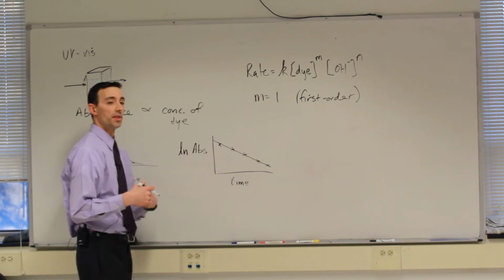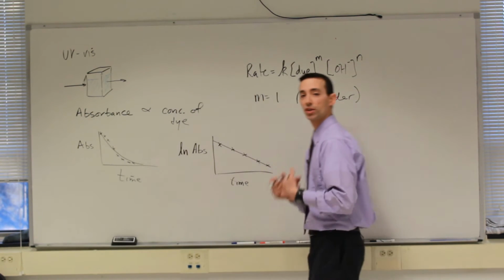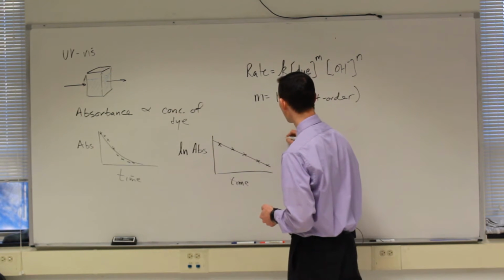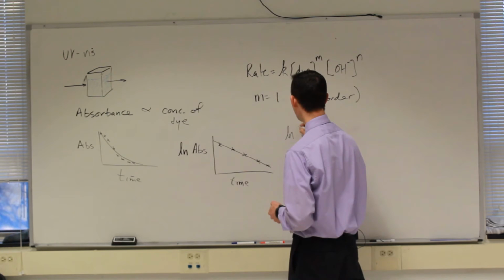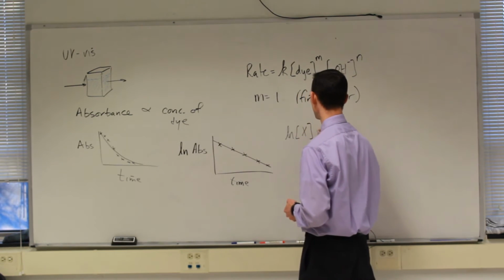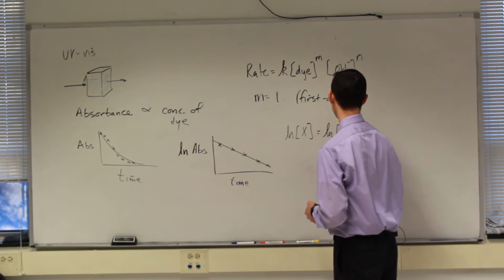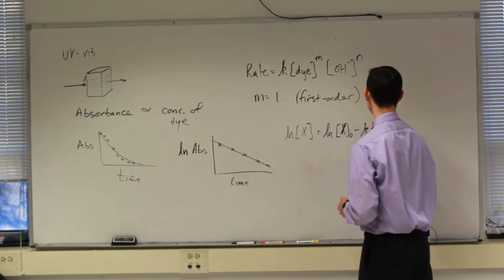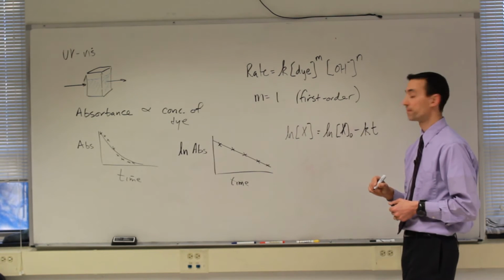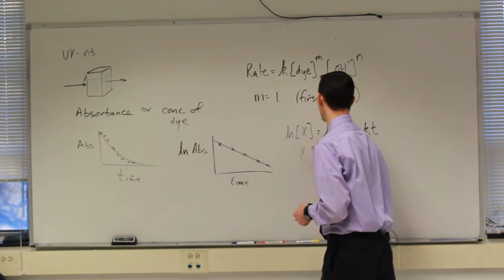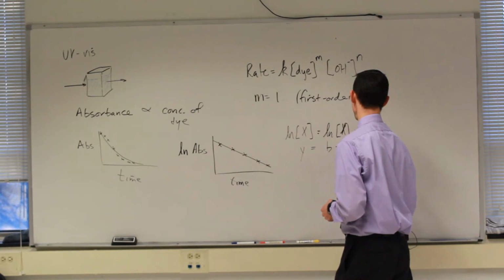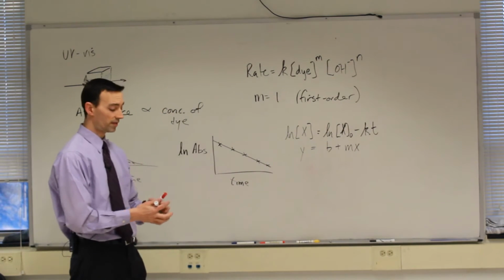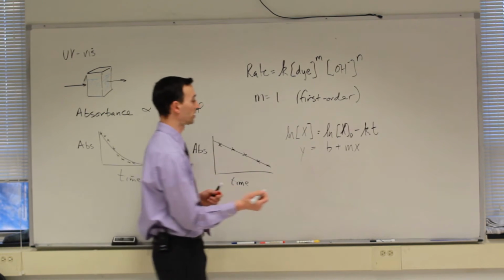All right. This is borne out, as you see in lecture and start to learn these topics, in what we call the integrated rate law, that says that the ln of the concentration of a reactant is equal to the ln of the initial concentration of that reactant minus kt. This looks an awful lot like a y equals b plus mx equation, like we sort of did with our Clausius-Clapeyron stuff earlier this semester.